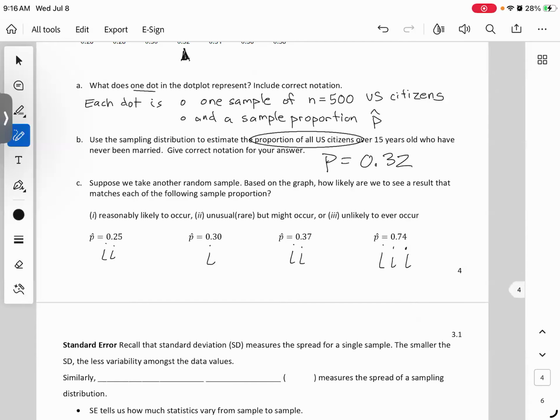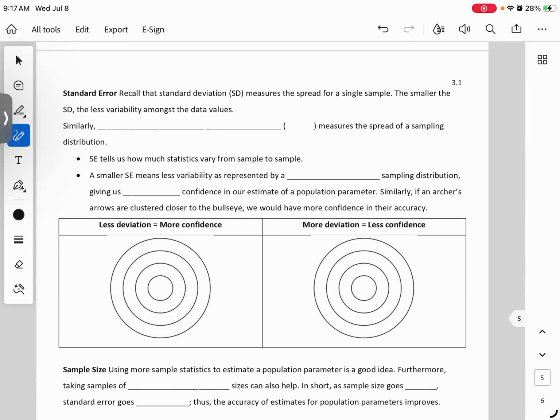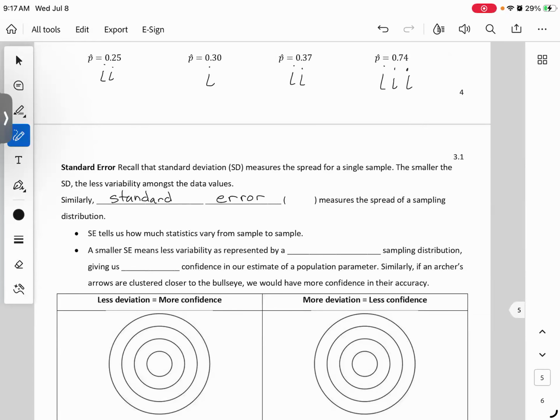All right, so let's start winding this down. There's not a whole lot left, but what's going to start showing up more and more is this idea of standard error. Standard error is a new way of describing deviation.